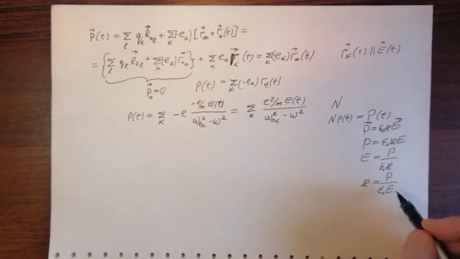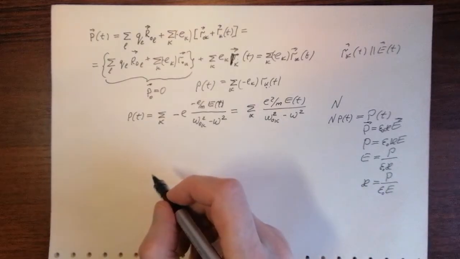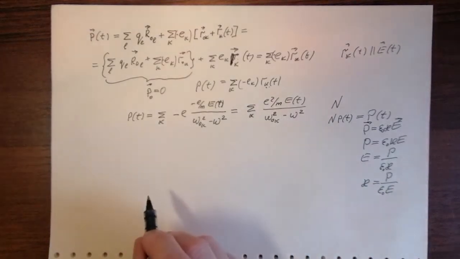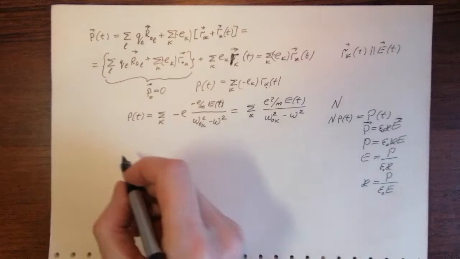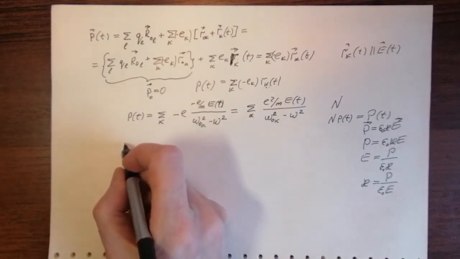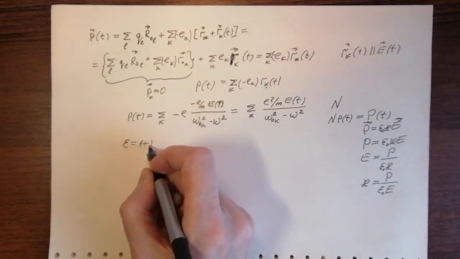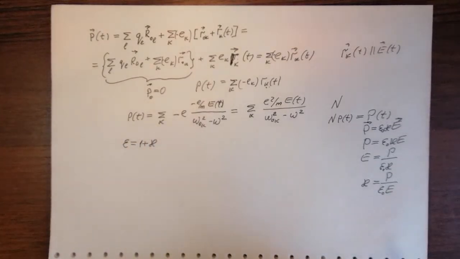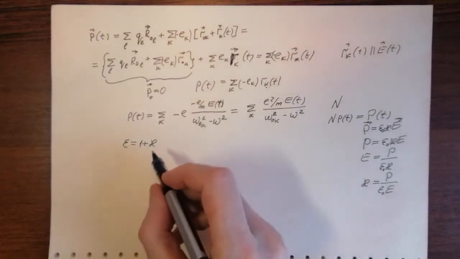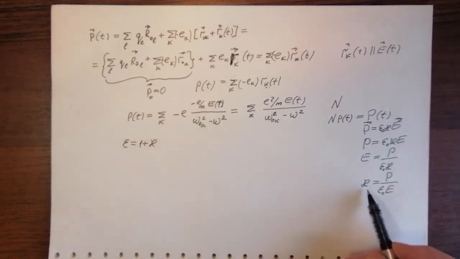Why do we need it? Just because if we again recollect what we know from electricity, we know that epsilon is 1 plus kappa. Now we can substitute kappa from here.